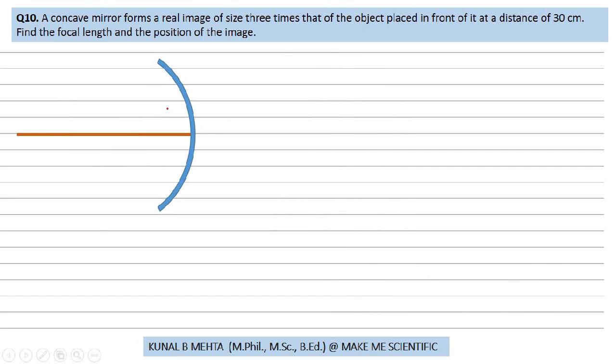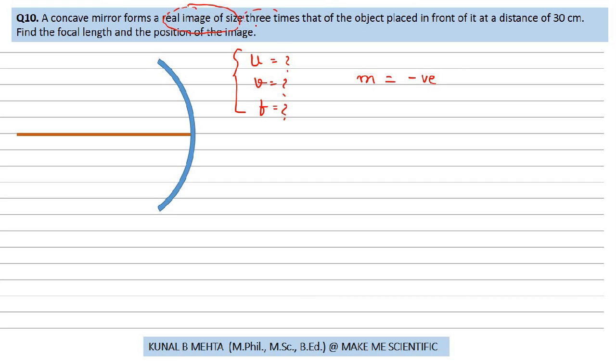Question number 10. You need to be very careful over here. No data are given. U is not given, V is not given, and we are supposed to find out F. If these kind of questions come when object distance and image distance are not given, you should take the help of magnification. And whenever a real image is given, the magnification has to be negative, right?